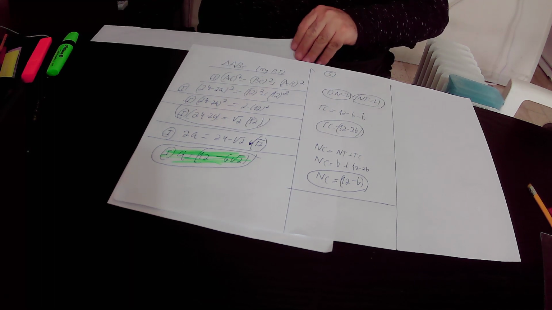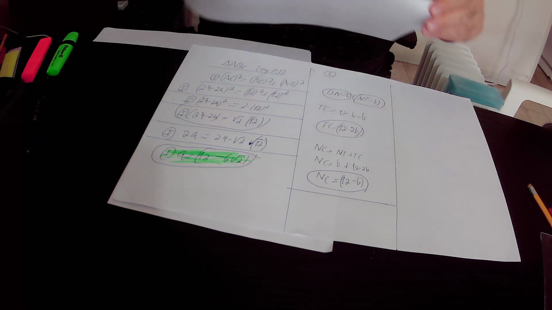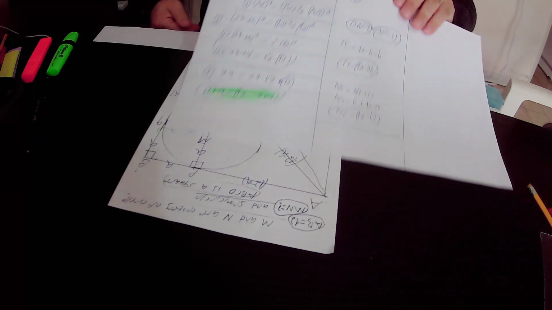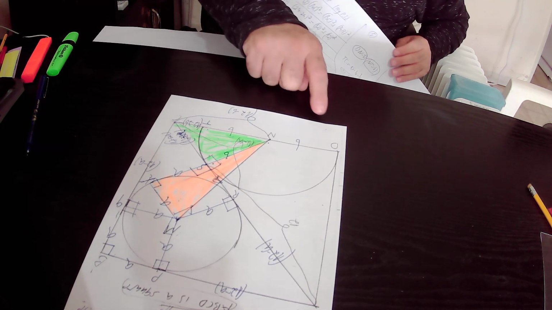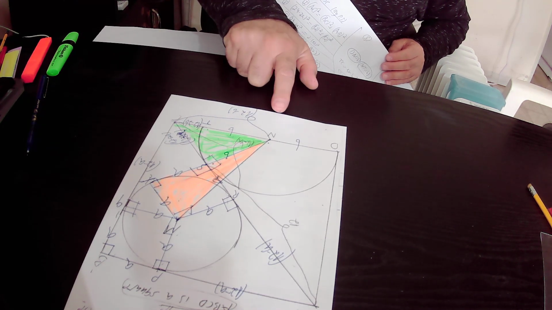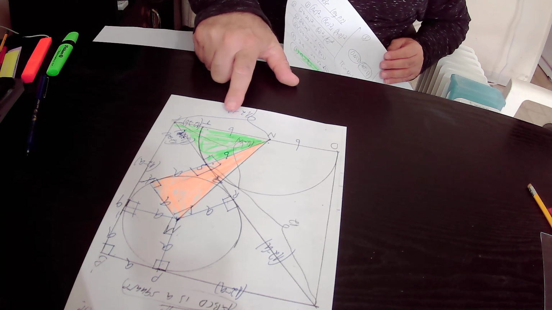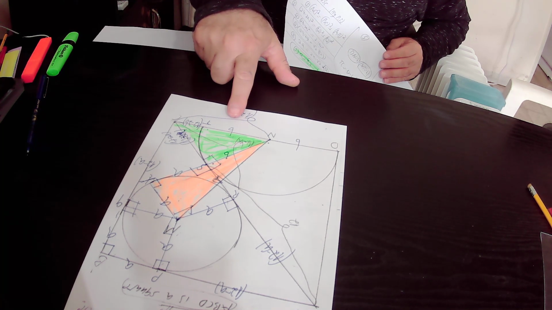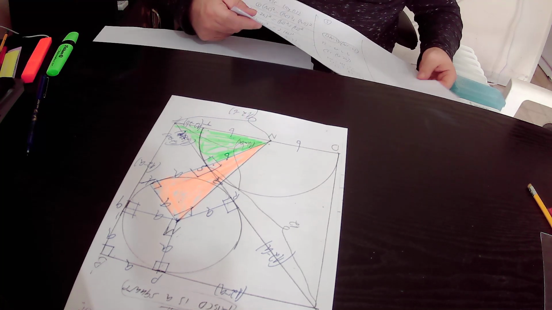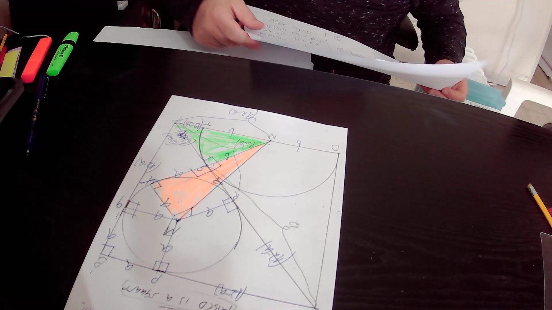Okay, then we defined the radius of the semicircle as B, that is to say DN, the radius of the semicircle, is B, and NT, also the radius of the semicircle, is defined as B. And here, what is the value of TC?